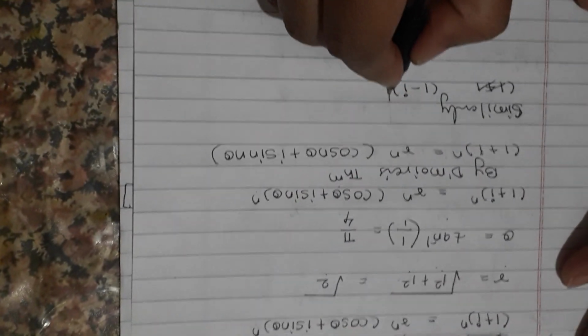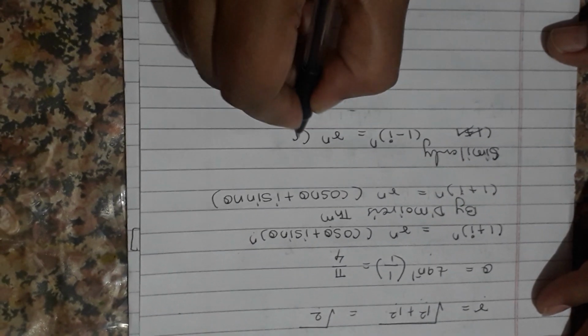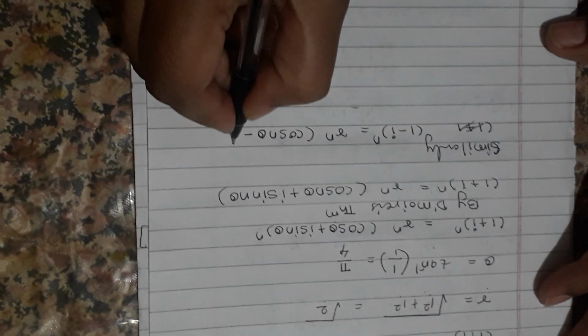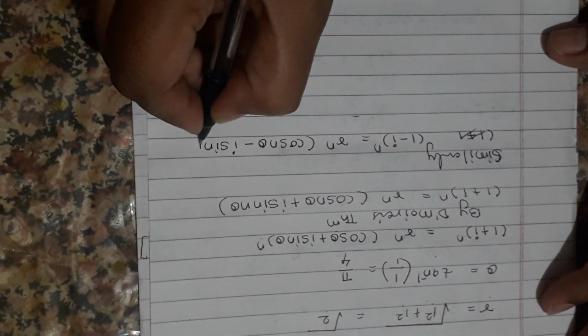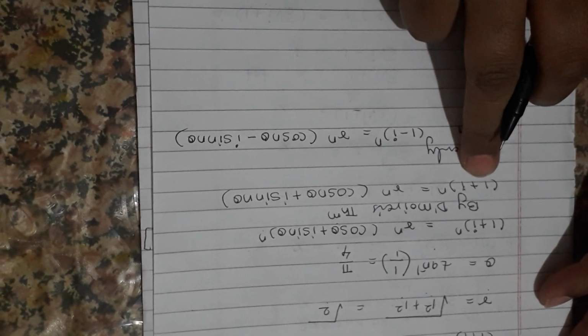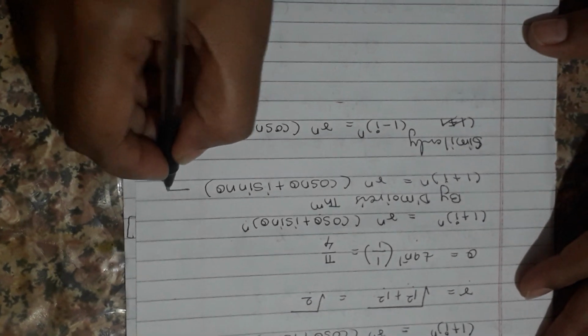So (1 minus i) raised to the power n, we can write r raised to the power n, and as it is a conjugate, there is simply a change of sign, that is cos n theta minus i sin n theta. So in this way we get both the values of (1 plus i) raised to n and (1 minus i) raised to n.